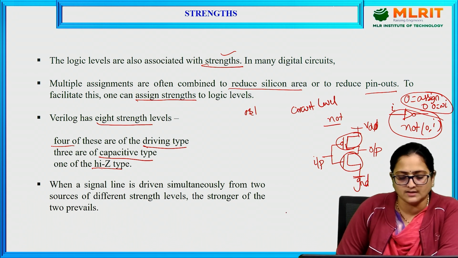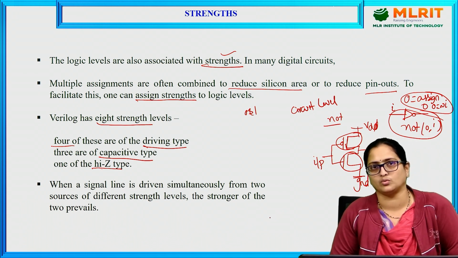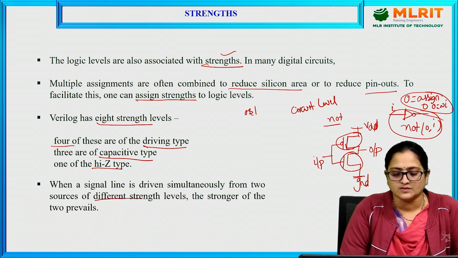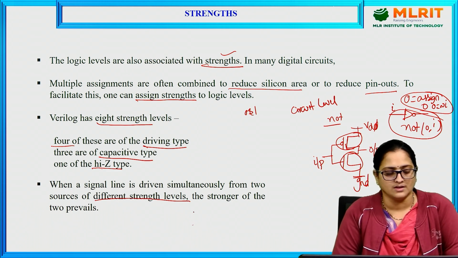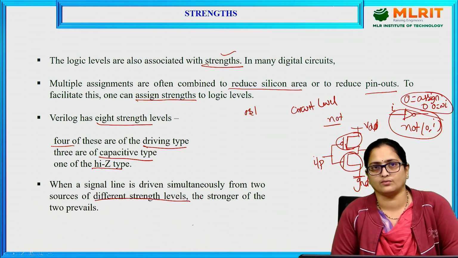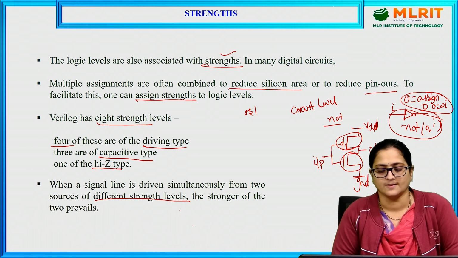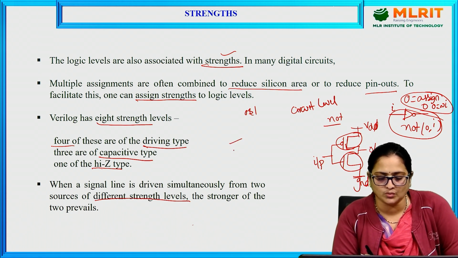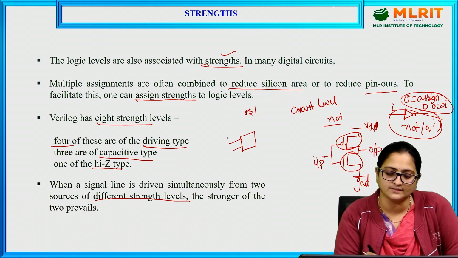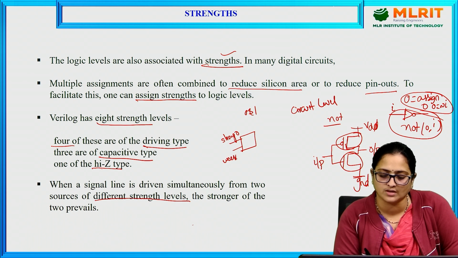When a signal line is driven simultaneously from two sources of different strength levels, the stronger of the two prevails. For example, if two signals are given to a module, let us say this is strong 0 and this is weak 0.